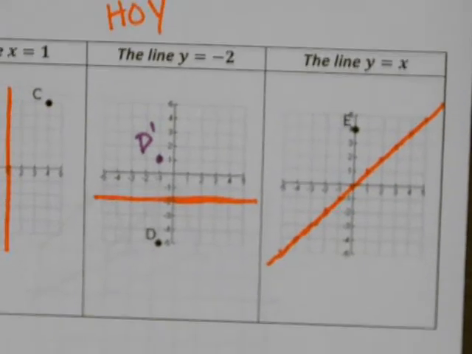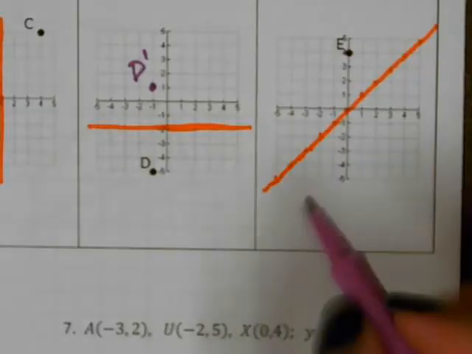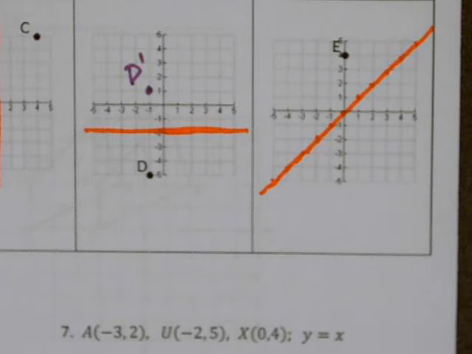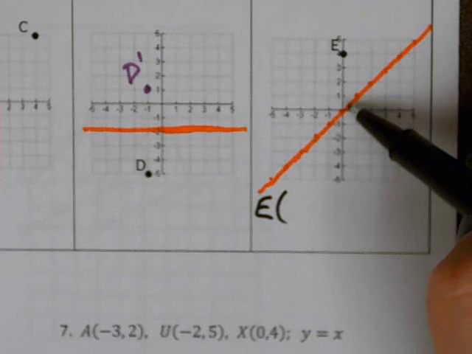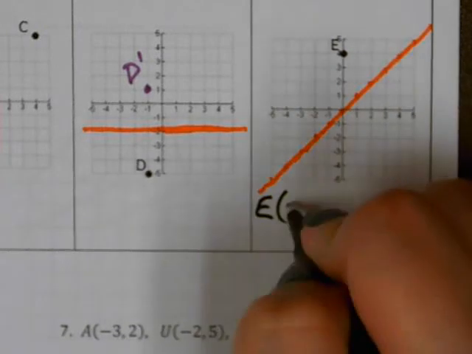All right, well, we need to be the same distance away, and it's a little hard to find the distance on there. So we're going to do this one in a little bit of a different way. What I'm going to do is down here at the bottom, I'm going to write what point E actually is. So point E was originally the point 0, 4.